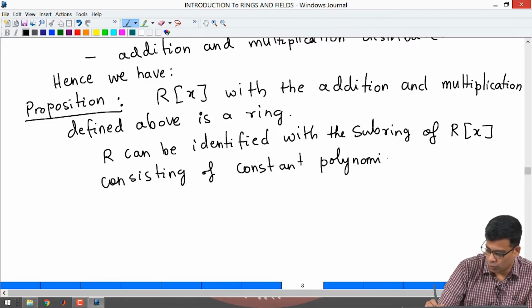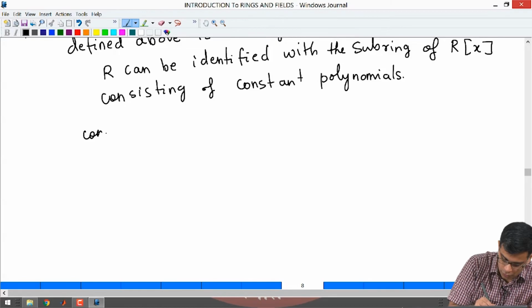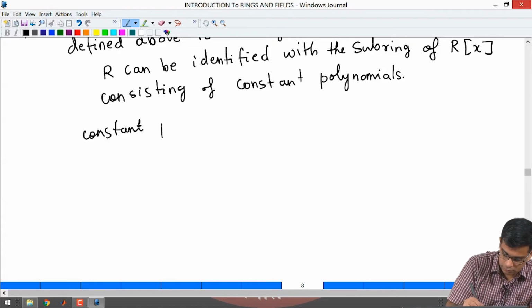So, what are constant polynomials? Constant polynomials are polynomials of degree 0. So, a constant polynomial is a degree 0 polynomial.